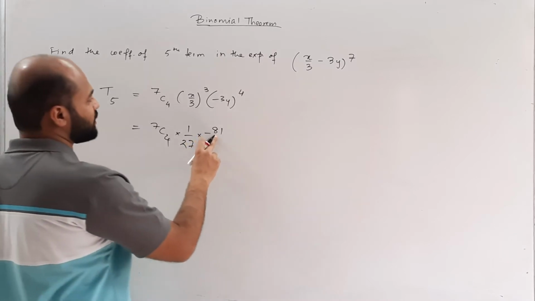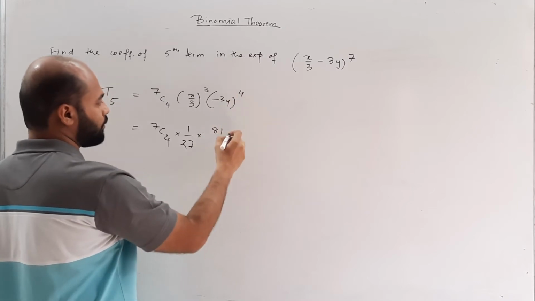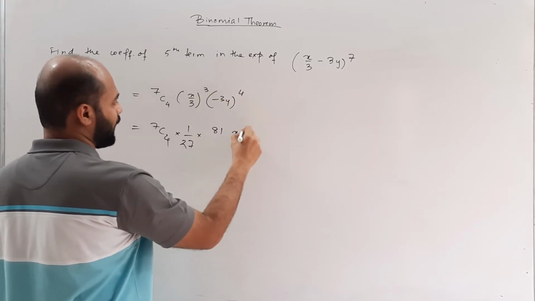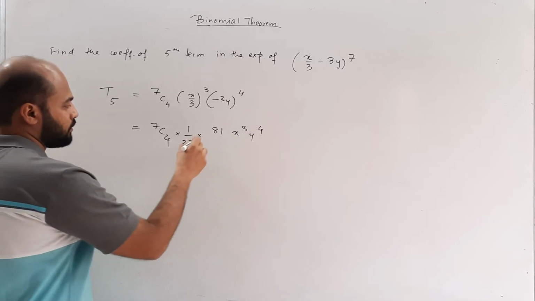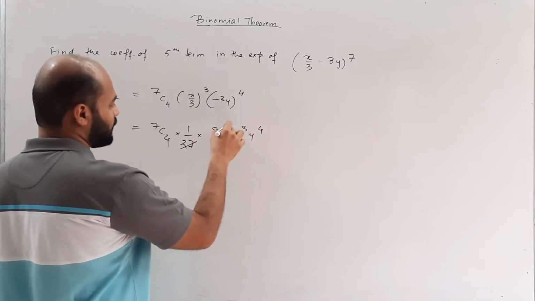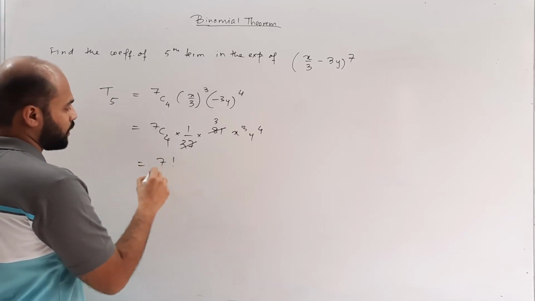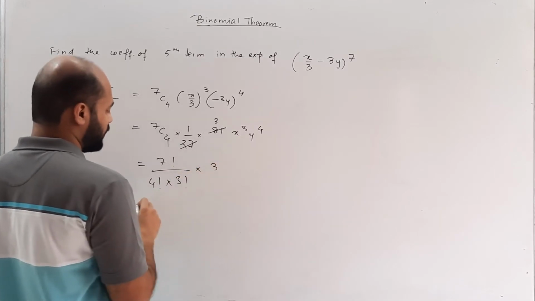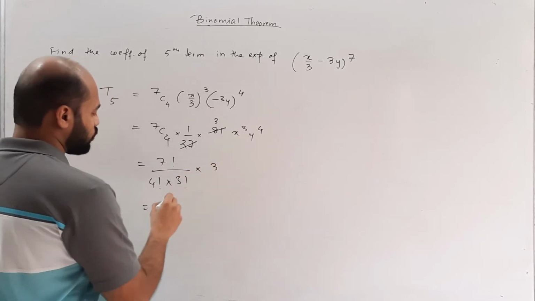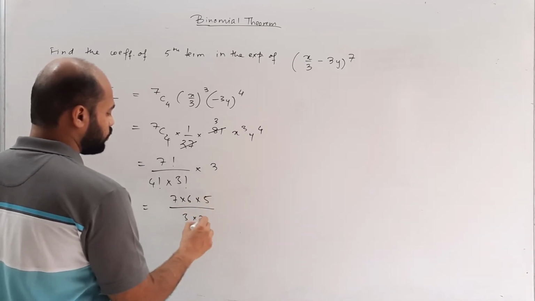So you can see for yourself that this is 3 raised to 4. Of course this is going to be plus because it's an even power, and from here we are going to get x cube y raised to 4. Now we know that this is 3 cube and this is 3 raised to 4. So 3 is going to remain over here. 7 factorial by 4 factorial into 3 factorial. This is what we have into 3. So overall this is going to be 7 into 6 into 5 divided by 3 into 2 into 3.